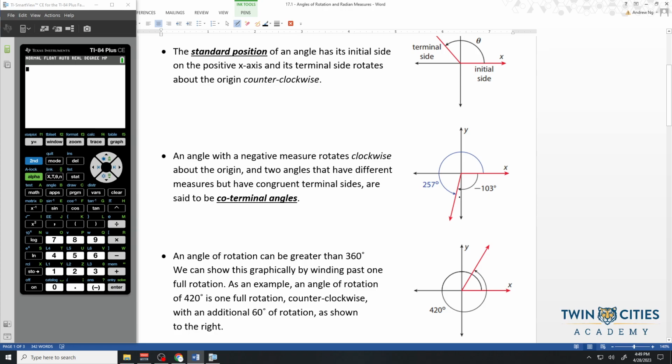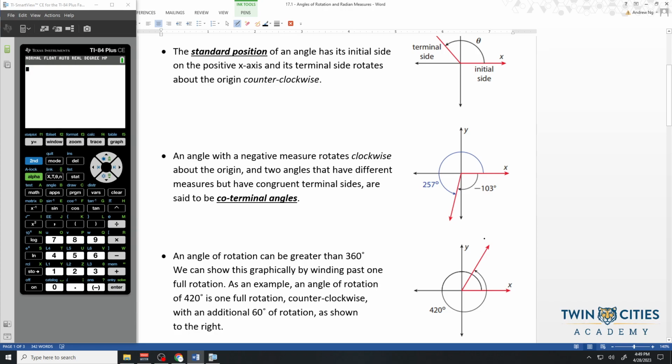This is known as coterminal. These angles are coterminal. The prefix co means to do something kind of together. So think of co-pilots. Co-pilots fly a plane together. Co-workers work together. Here, these angles end at the same spot together.